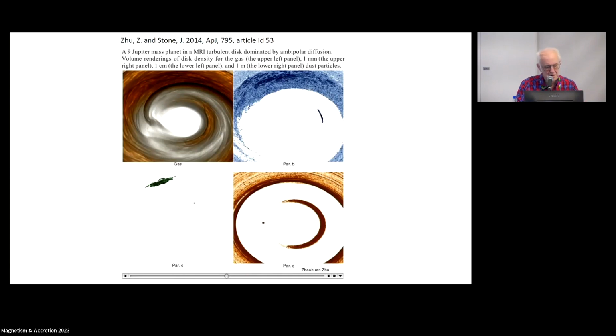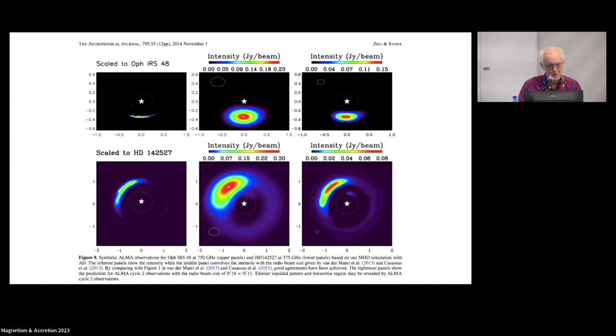And so there's been many studies in this area. One notable one is by Zhu and Stone, showing numerical simulations of dust trapping in the vortices. So here are some more examples of dust trapping.